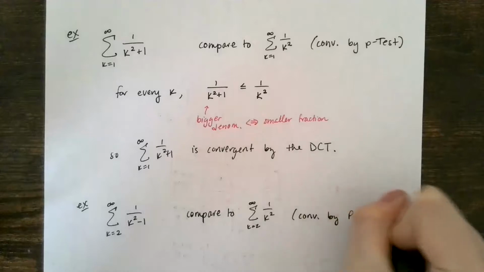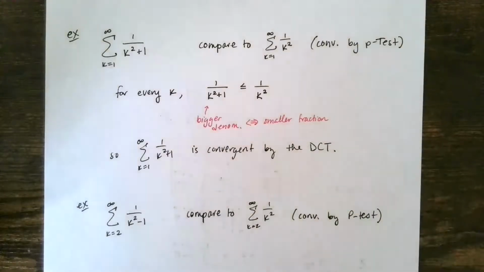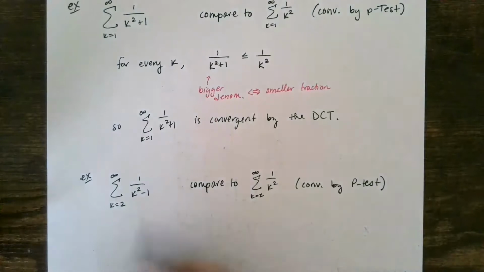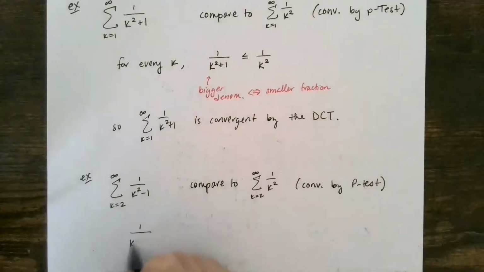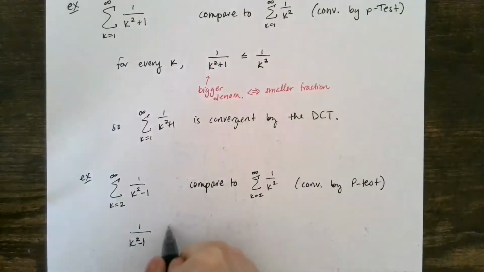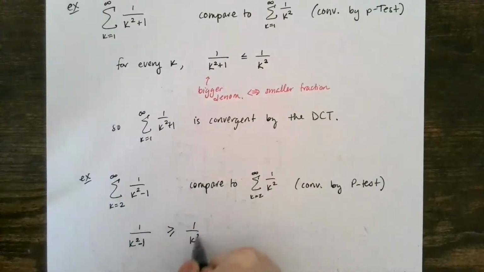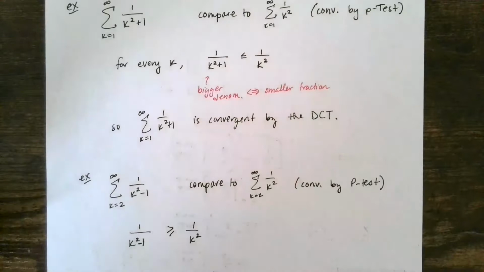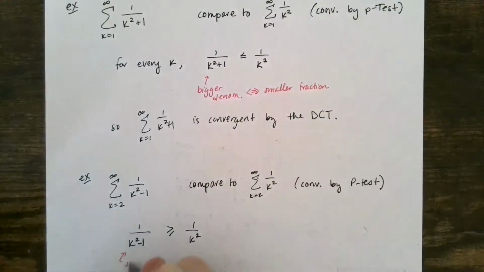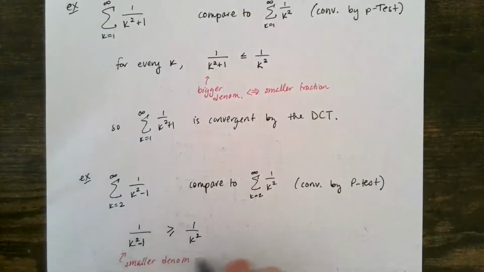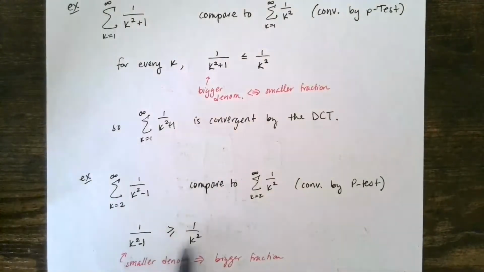But now all we can say is that 1 over k squared minus 1 is greater than or equal to 1 over k squared. Because it's a smaller denominator, we've subtracted from the denominator. The smaller denominator is always going to give you a bigger fraction. So this one is larger than this one.